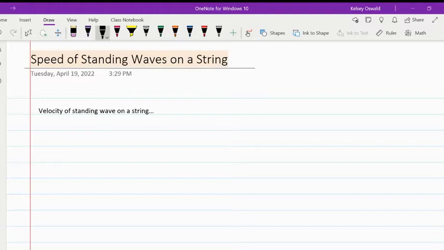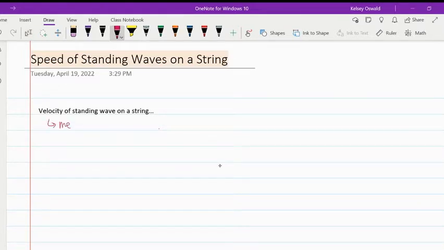Okay, so just as a refresher, remember that a standing wave is a wave in which we're basically bouncing this wave back and forth so that certain areas look as if they're not moving. And it determines the velocity of that standing wave on a string. Here, we cannot have a wave on a string unless we have a string, right? So this is going to be an example of a mechanical wave.